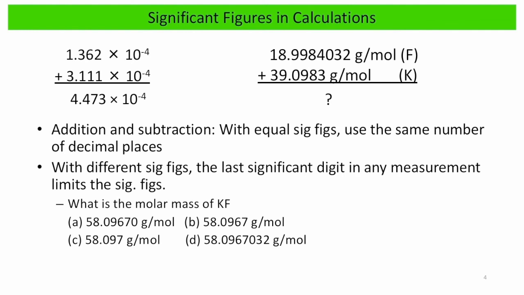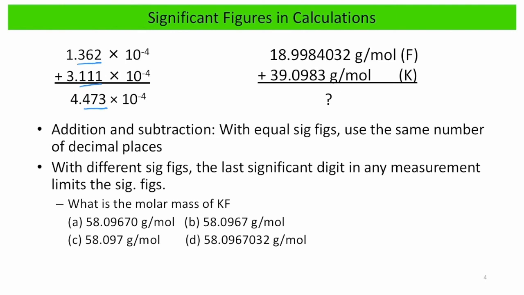Okay, so if we look at the first example, we can see that we have 3 decimal places in the first number and 3 decimal places in the second number. So that means that the result of that calculation must also have 3 decimal places.